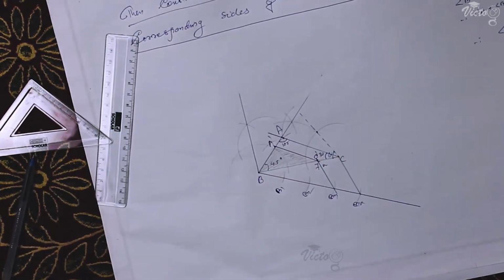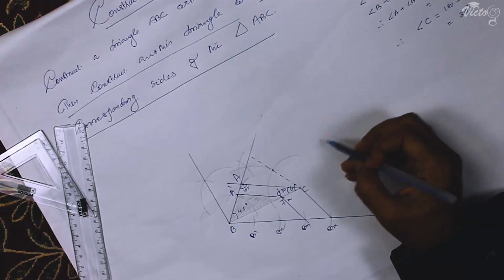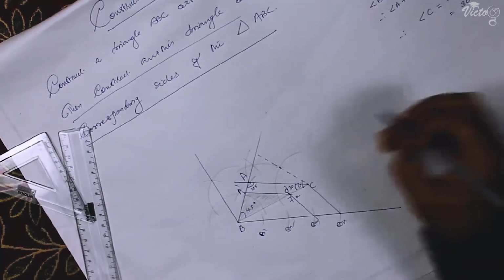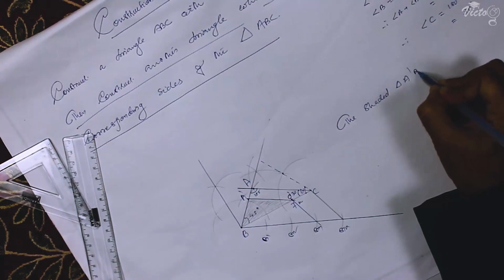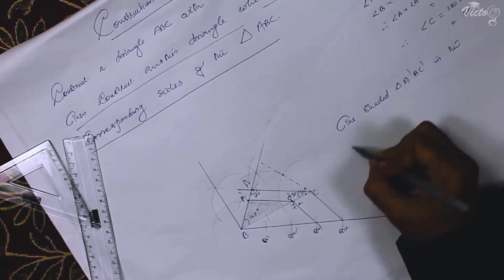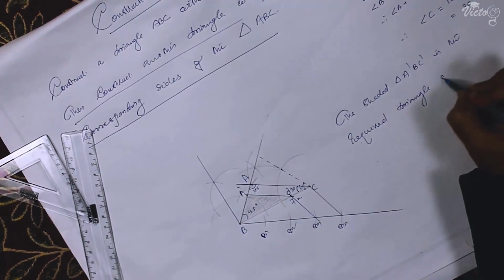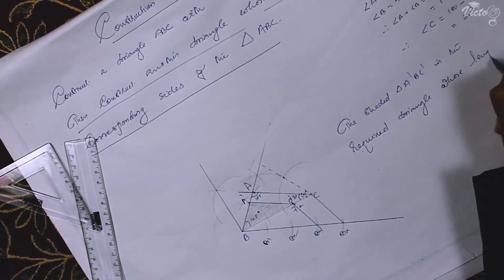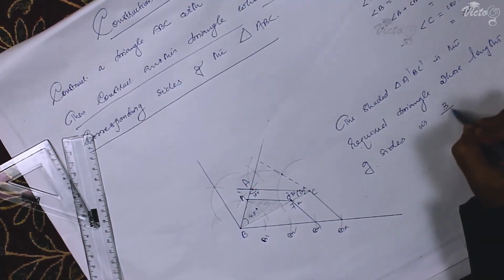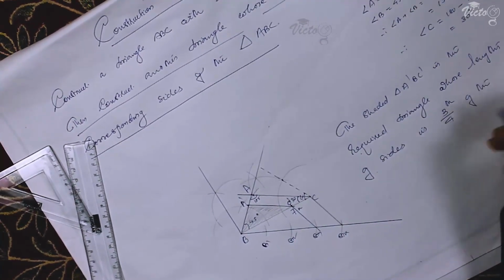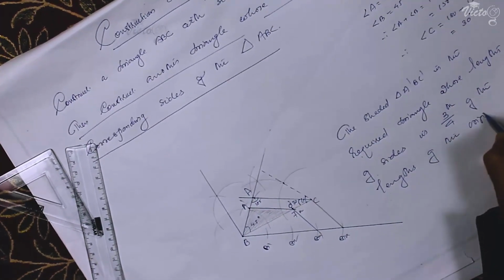The smaller triangle A dash, B, C dash is the required triangle whose sides are 3 by 4 of the original triangle ABC.